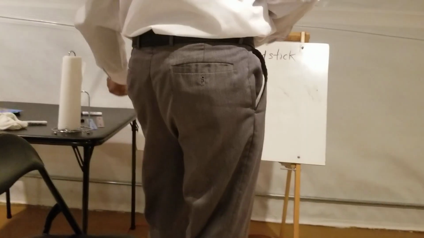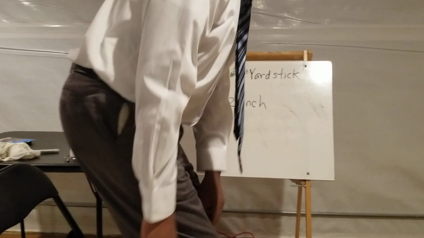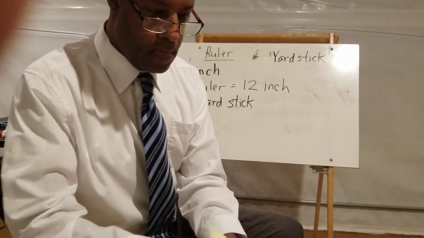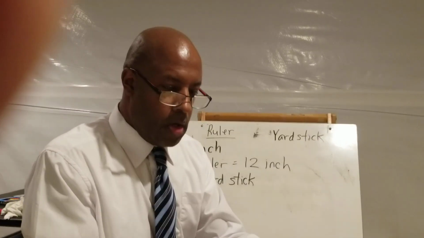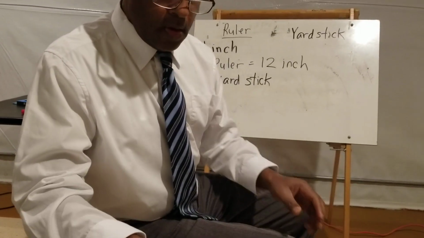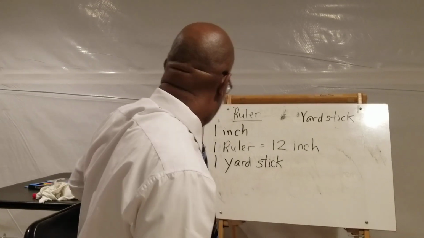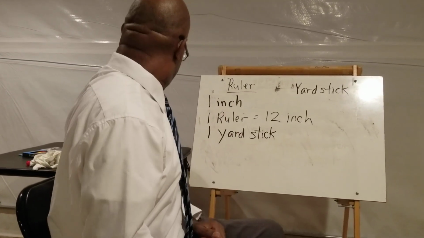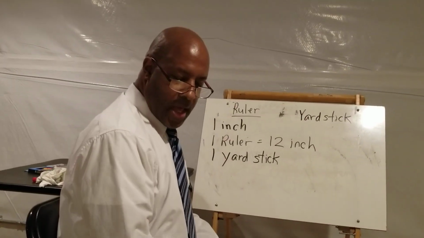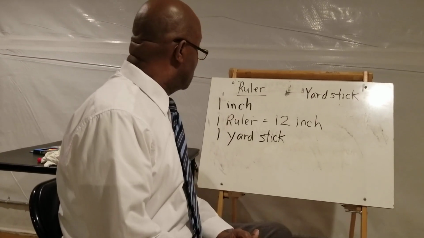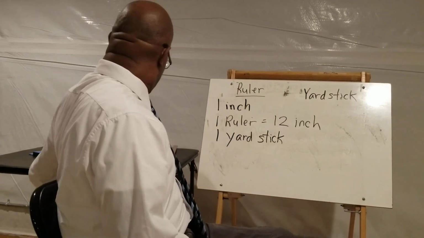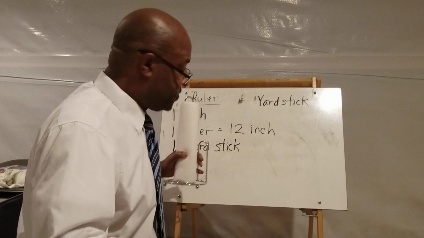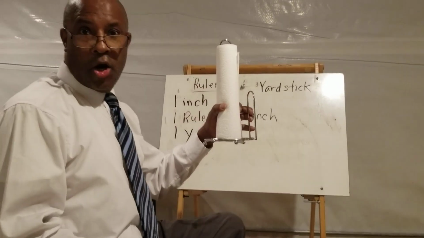All right. Now, before I move on, I want to use one more house item, talking about the ruler. Here, right here, boys and girls, a paper towel holder.